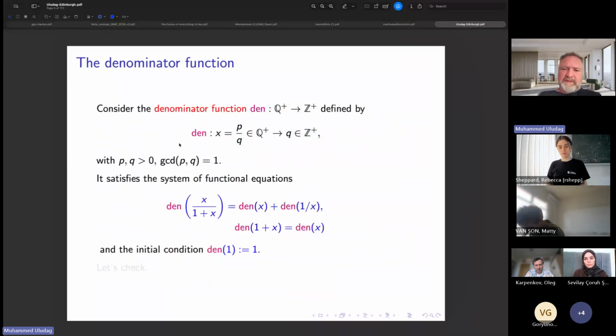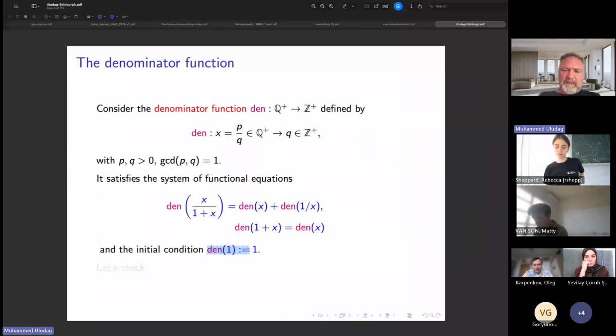And this function satisfies a system of functional equations. The denominator of x over 1 plus x is the denominator of x plus the denominator of 1 over x, and the denominator of 1 plus x equals the denominator of x. And in fact, it also satisfies that the denominator of 1 is 1.